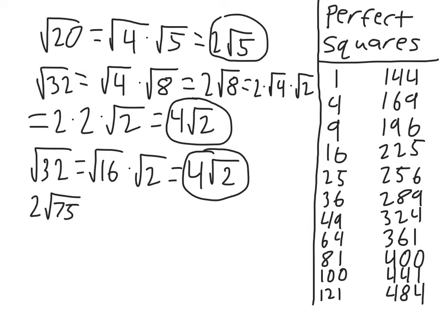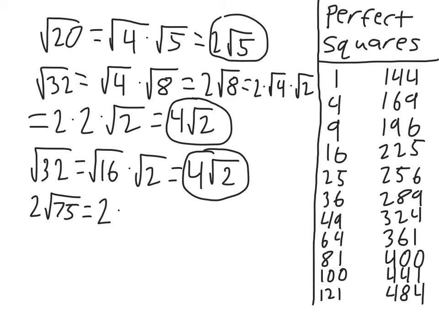Alright, let's do one more example. 2 times the square root of 75. So the 2 is going to stay there. Just like when we reduce this up here, same thing, the 2 stays right there. And we're going to multiply that by whatever perfect square we take out. So, square root of 75, we have to think of what perfect squares can we take out of 75.